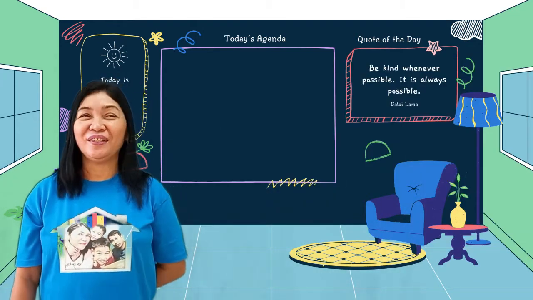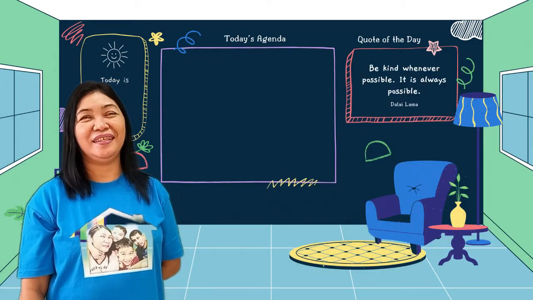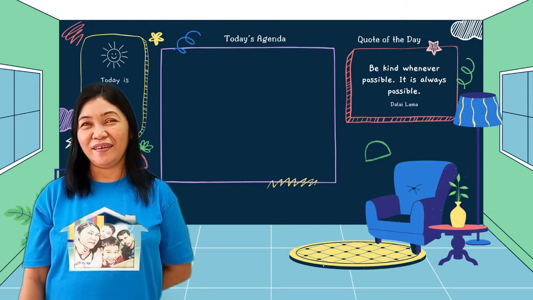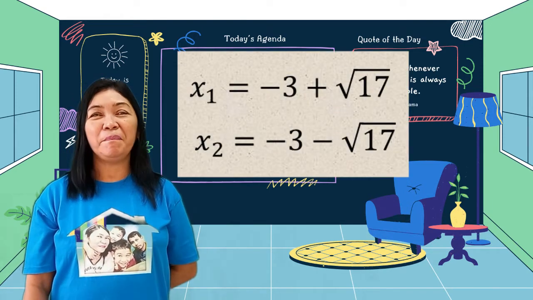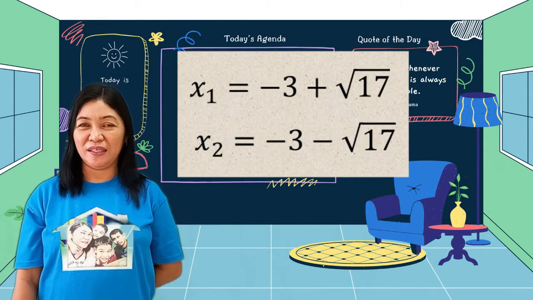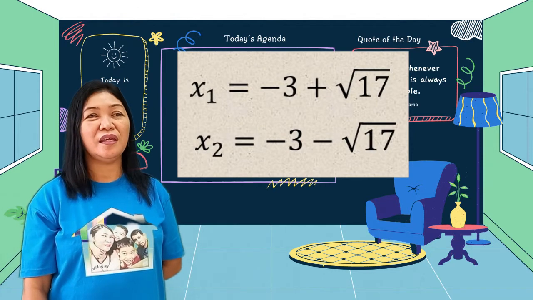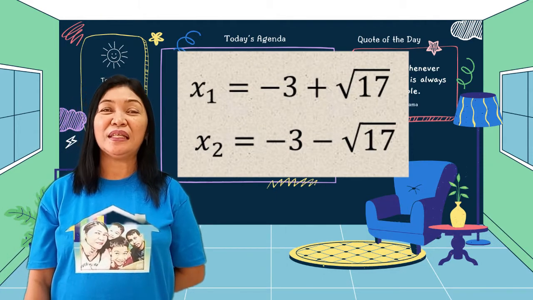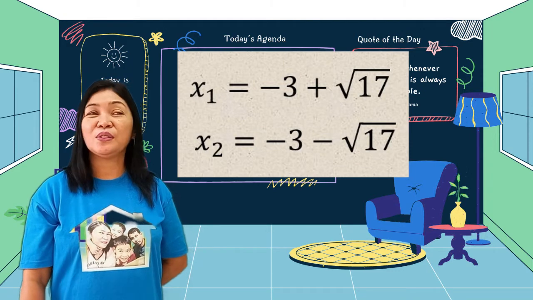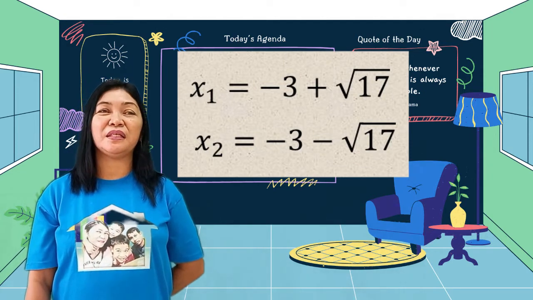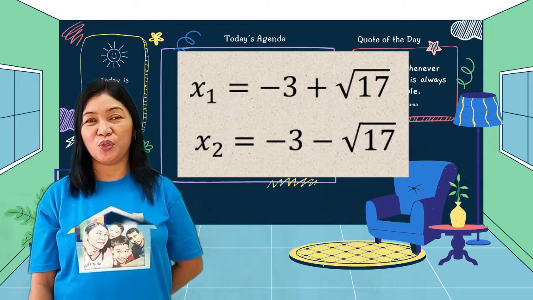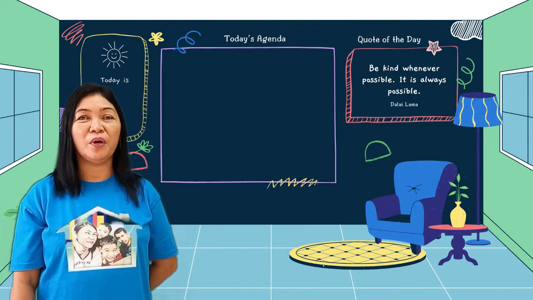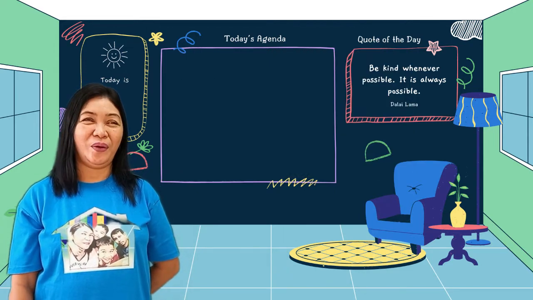Applying again the addition property of equality, the values of x are negative 3 plus square root of 17 and negative 3 minus square root of 17. So, these are the steps in solving quadratic equation in one variable by completing the square.